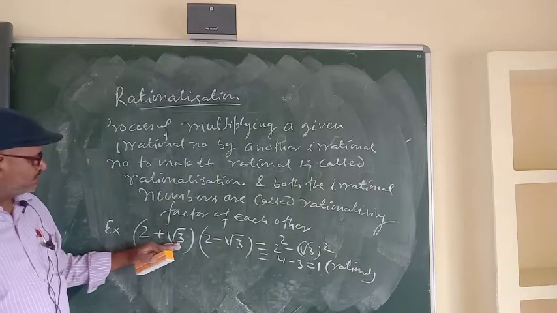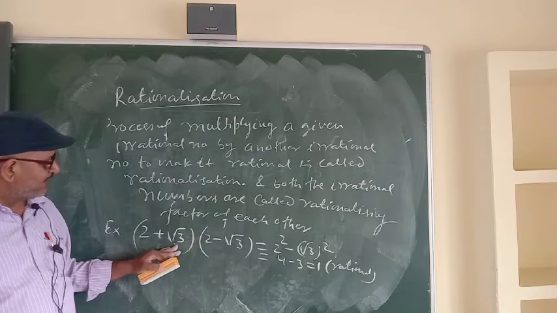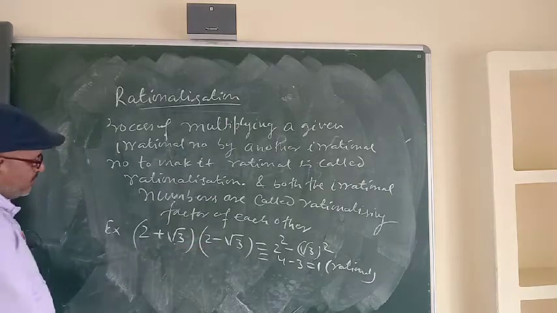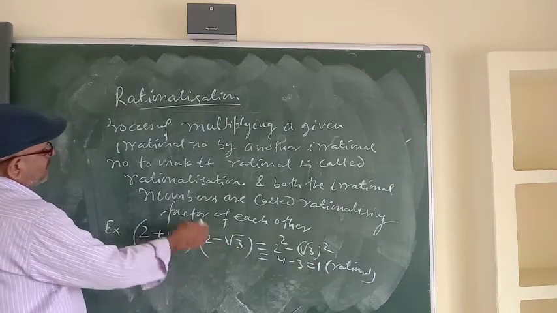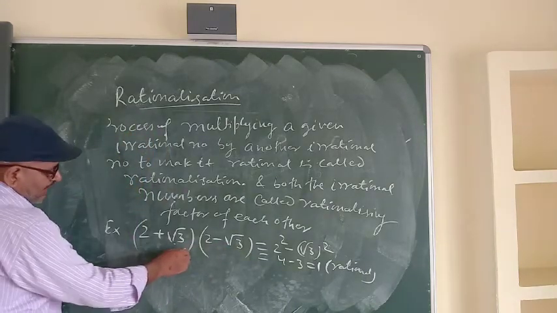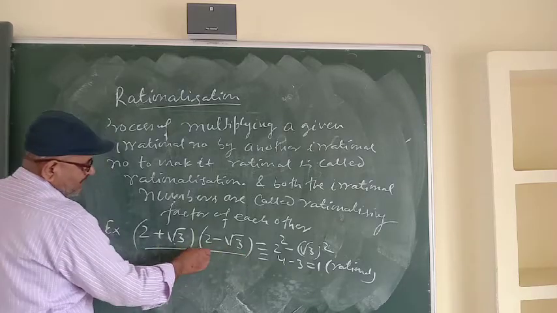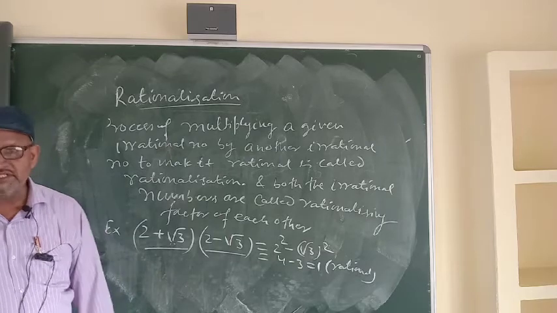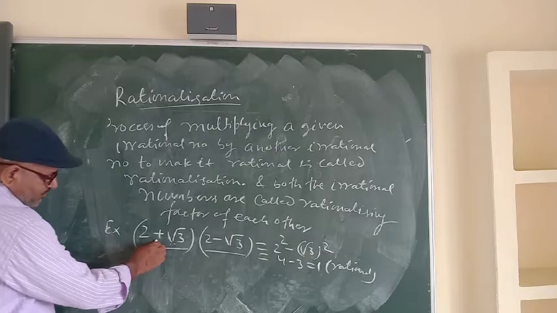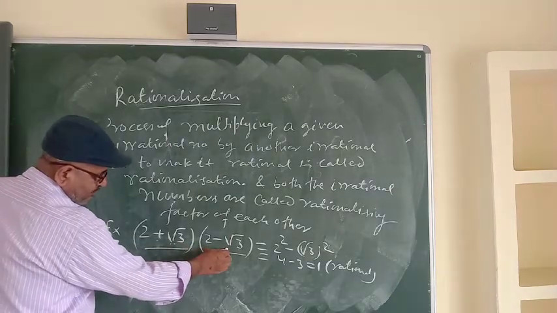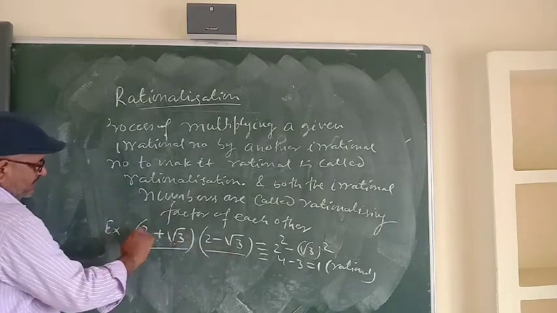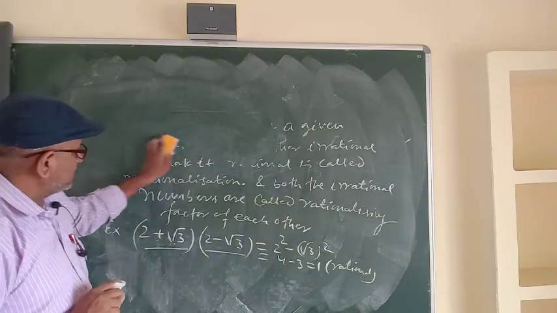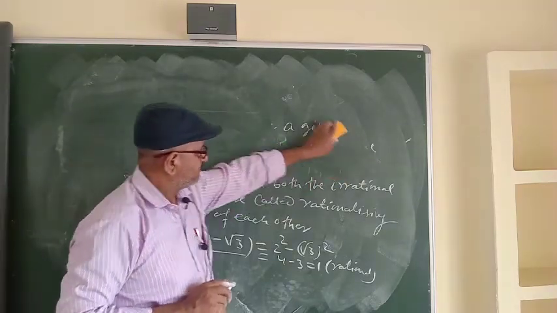So to make 2 plus root 3 rational, we multiply it by 2 minus root 3. This process is called rationalization. 2 plus root 3 is the rationalizing factor of 2 minus root 3, and 2 minus root 3 is the rationalizing factor of 2 plus root 3. So both are rationalizing factors of each other.